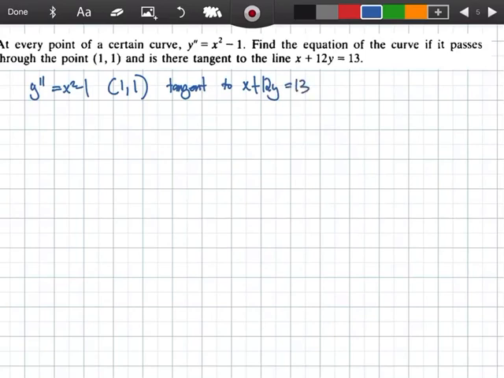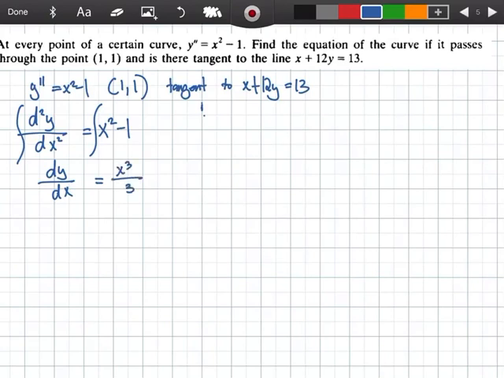So, what we will do is start with y double prime. Y double prime means we differentiate dy/dx twice. Wait, I wrote the equation wrongly.